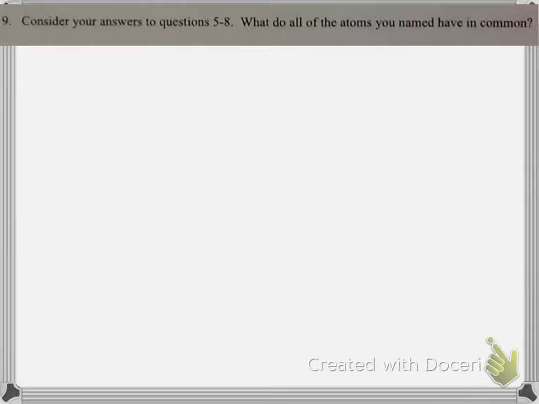Number 9. Consider your answers to questions 5 through 8. What do all of the atoms you named have in common? So we named neon, argon, krypton and xenon. What do these all have in common?